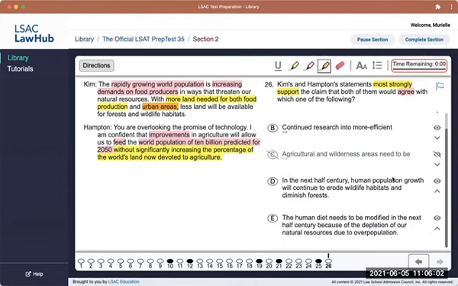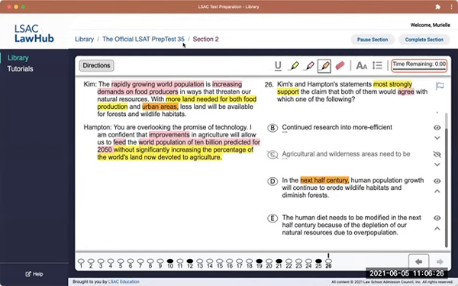D, in the next half century, human population growth will continue to erode wildlife habitats and diminish forests. So we do know, here's the other thing too, next half century, right, the next 50 years. This is an older test. I don't think I even said that at the beginning. Oh, well, it'll be in the title, right?